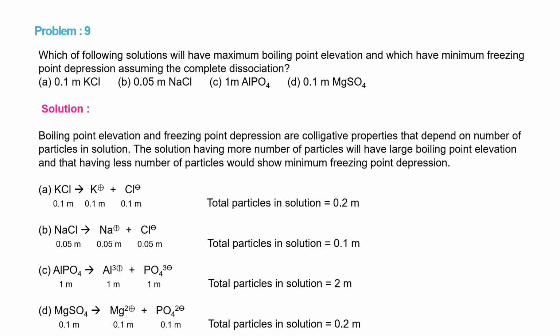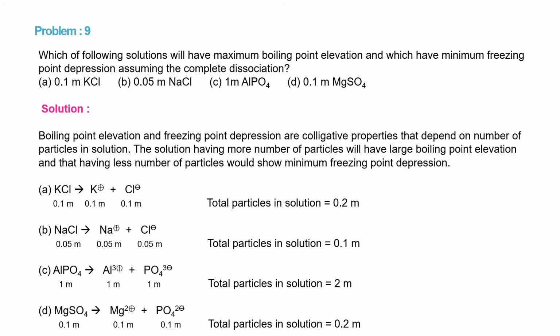Now we see NaCl. NaCl also dissociates as Na plus and Cl minus. NaCl we have taken as 0.05 molar, so Na and Cl dissociate to give 0.05 and 0.05, which means the total particles in solution is 0.1 molar. Next, AlPO4.